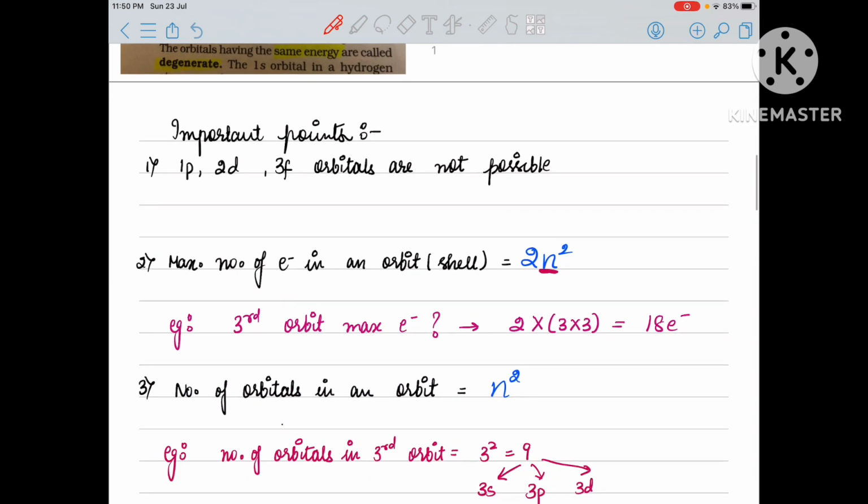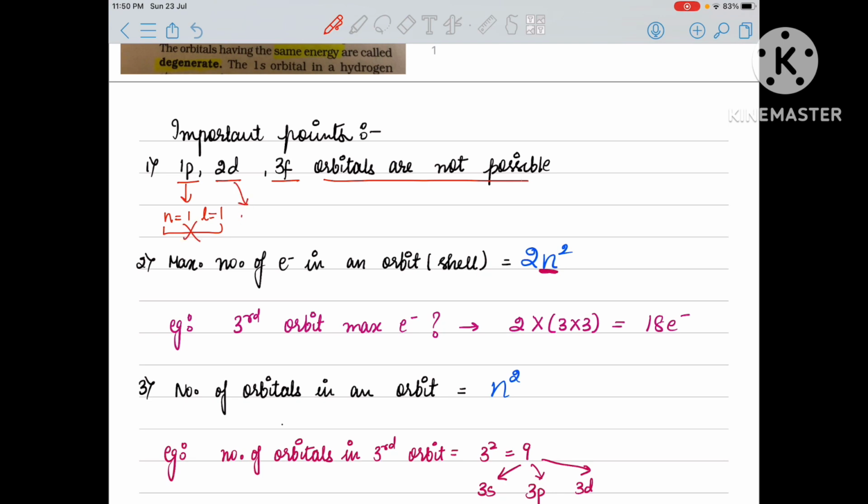Now we are moving on to some important tricky points which students find difficult to understand. 1p, 2d, 3f orbitals are not possible. Why? Because the value of n for 1p is 1, and for l the value is 1. I have told you n and l can never be equal, so this is not possible.